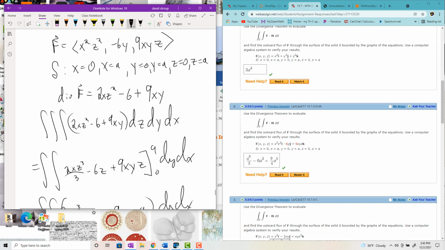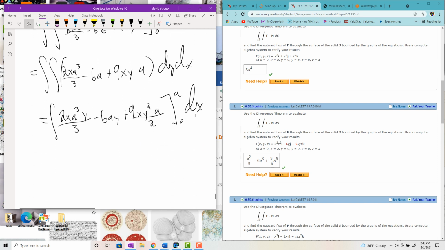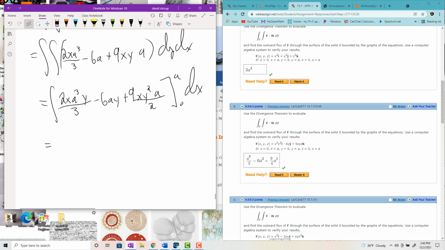Hopefully that is a 9 and not an a. I feel like they did that purposely because my a's look like 9s. Anyways, we have then 2xa to the fourth all over 3 minus 6a squared plus 9xa cubed all over 2, with respect to x.